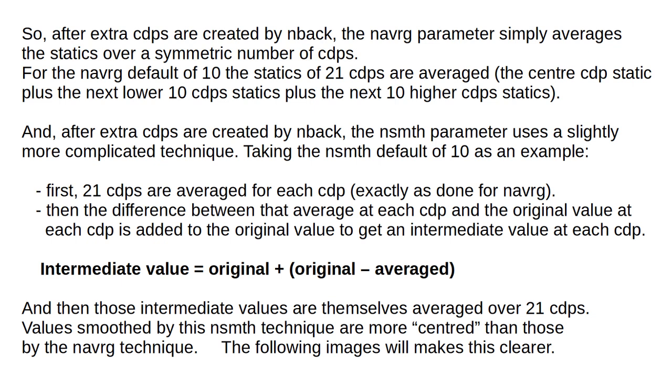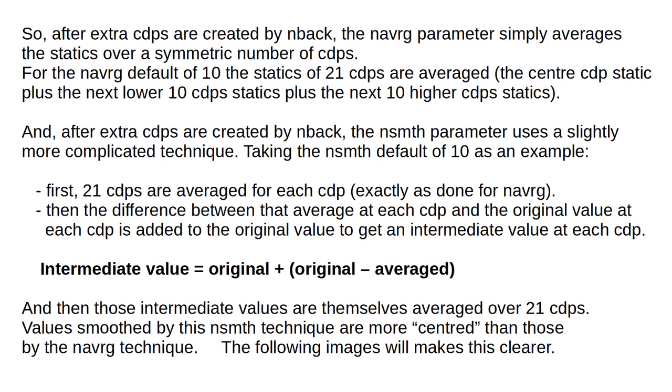Then, the difference between that average at each CDP and the original value at each CDP is added to the original value to get an intermediate value at each CDP. Intermediate value equals original plus original minus averaged. And then those intermediate values are themselves averaged over 21 CDPs. Values smoothed by this n-smooth technique are more centered than those by the navrad technique.